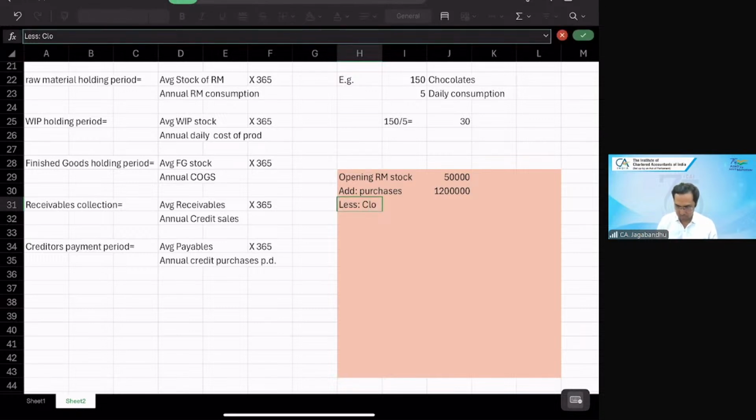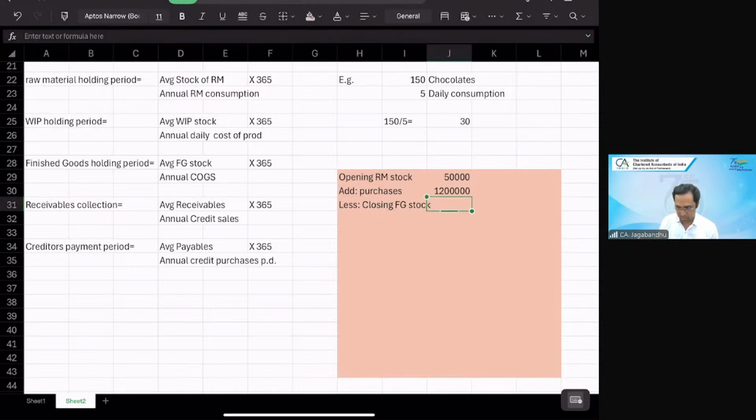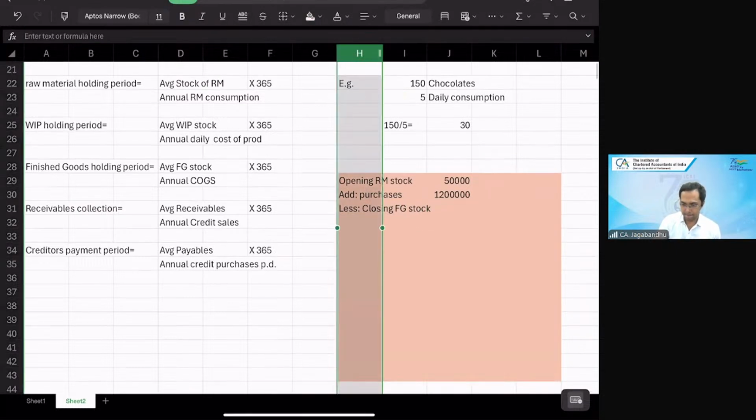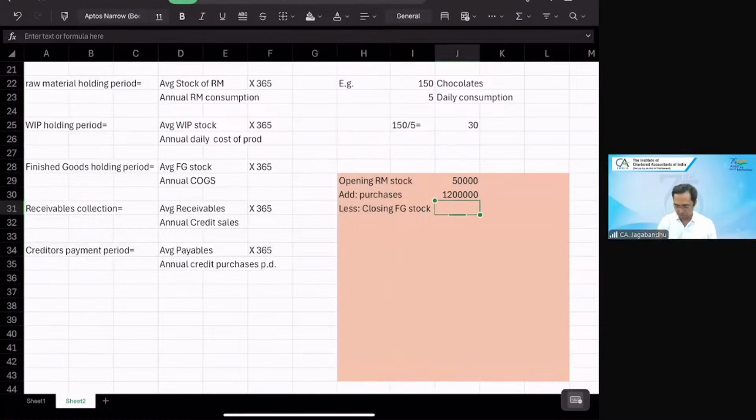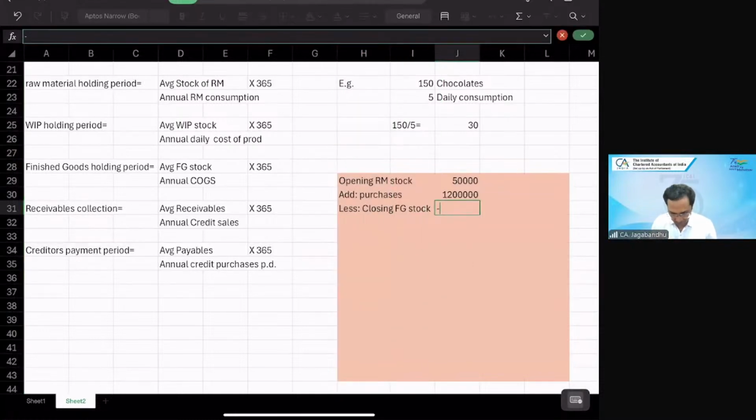Less closing raw material stock of, let's say, 60,000.